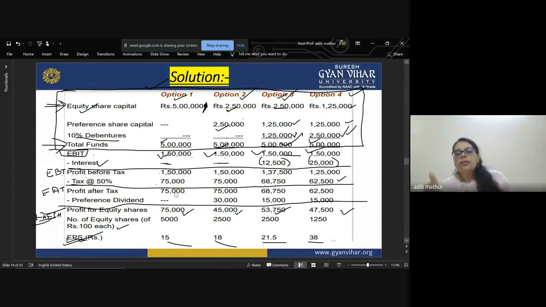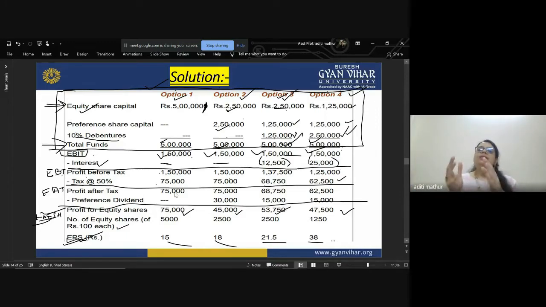And in option number 4, you have your 38 rupees EPS. So that means option number 4 is the ideal ratio or ideal capital structure which a company should have so that it can have the maximum EPS, right?